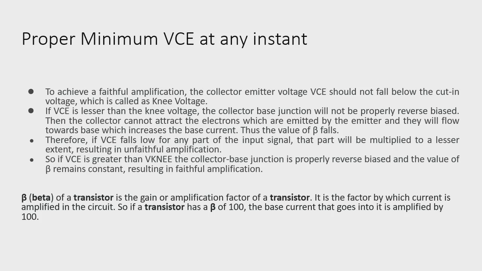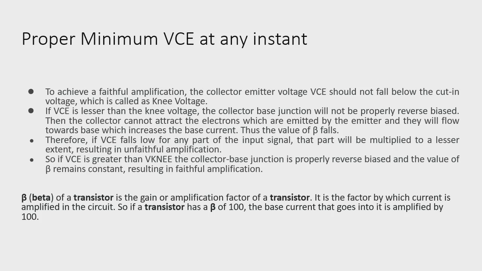To achieve faithful amplification, the collector emitter voltage VCE should not fall below the cut-in voltage, which is called the knee voltage. If VCE is less than the knee voltage, the collector base junction will not be properly reverse biased. Then the collector cannot attract the electrons which are emitted by the emitter and they will flow towards the base, which increases the base current, thus the value of beta falls.